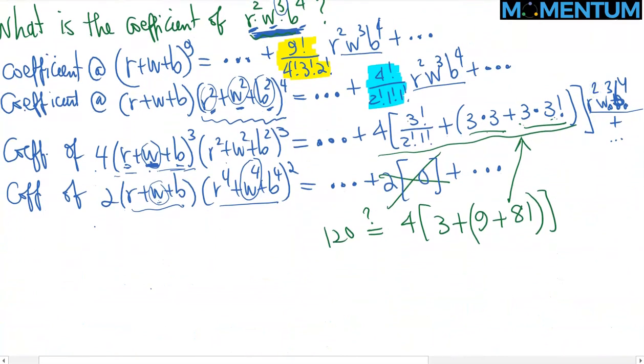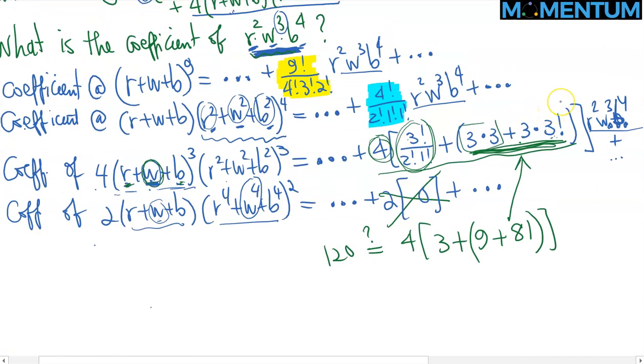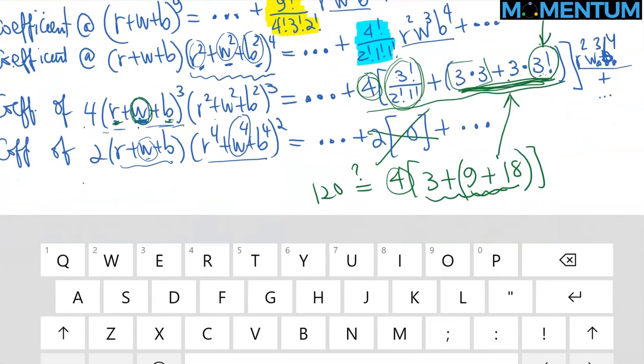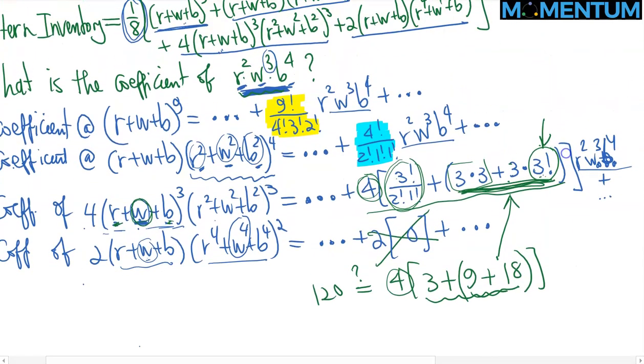Where did I mess up in this count? Oh my gosh, what am I thinking here? This is a 6. That's not 27. Yeah, that's a 6. 6 times 3 is 18. Yay! I'm happy again. So this is 27 plus 3 is 30. 30 times 4 is... Yay! Okay, it matches. So Polya's theorem works.